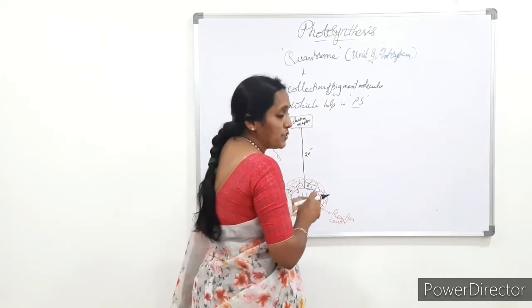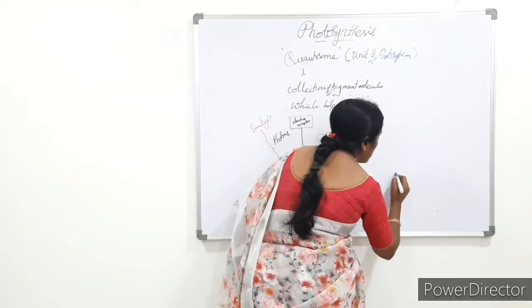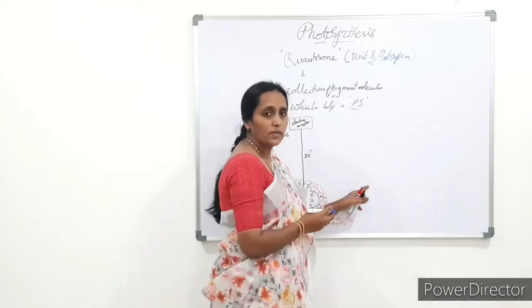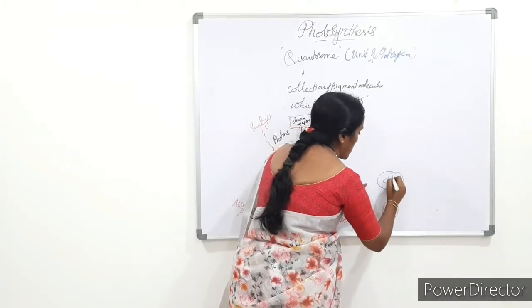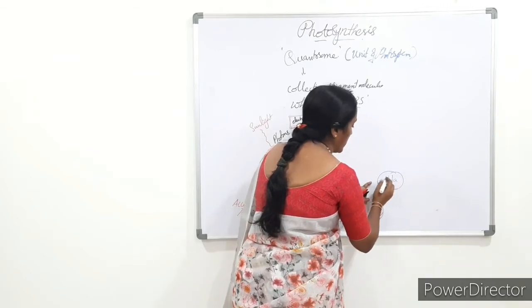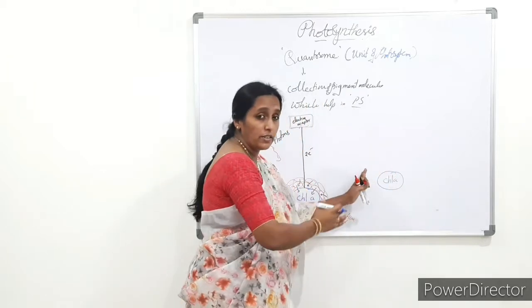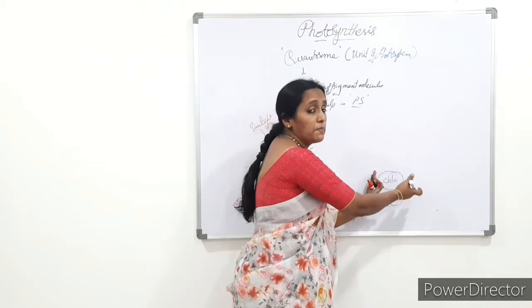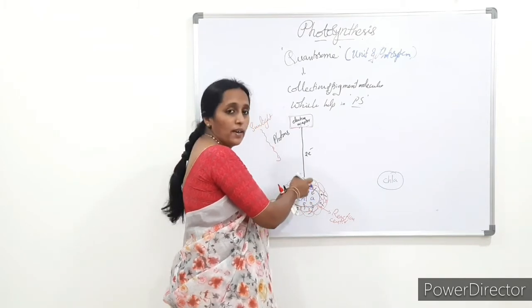Suppose the chlorophyll A is in an isolated condition, then what happens? Isolated condition means we are doing this experimentally, outside of the cell, whereas it normally takes place in the cell.